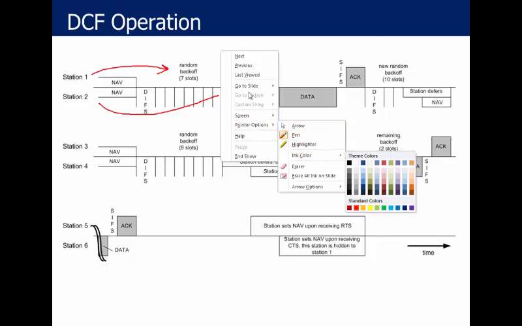So the NAV time, if you exceed it, it just keeps it active. It's a wait period. If you are not in that communication, then you have to back off again, a longer time.